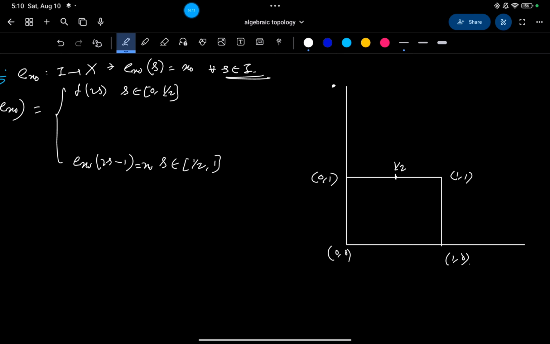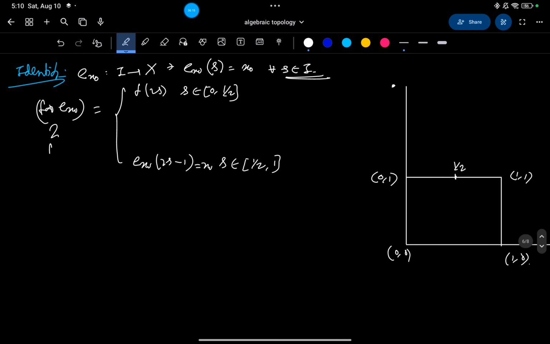But I need to show that this is homotopic to F as well. In the case of F, it acts on the entire I. So these two lines can be joined. So just join 0 and half. Okay, anyway, just take t here, and it is making a point up to this t by 2. This is t by 2, this is 1 minus t by 2.